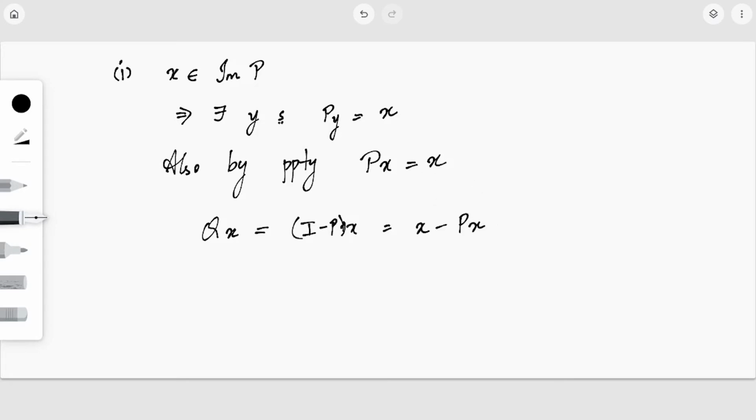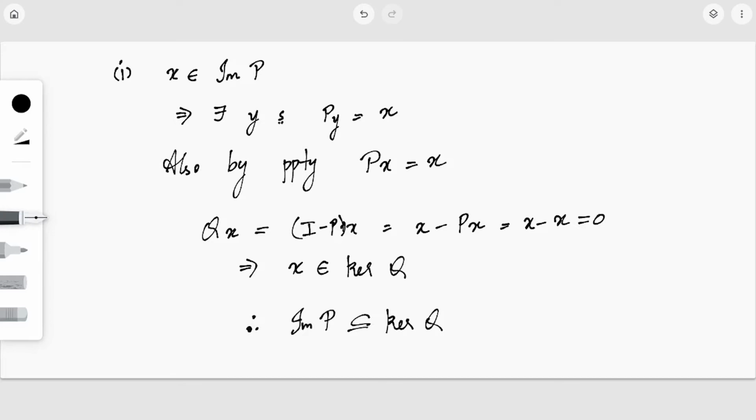Now Px is X, so X minus X is 0. So Q of X is 0. This implies X is an element of kernel of Q. So if we take an element in image of P, we get that it is an element in kernel of Q, and therefore I can say that image of P is contained in kernel of Q.